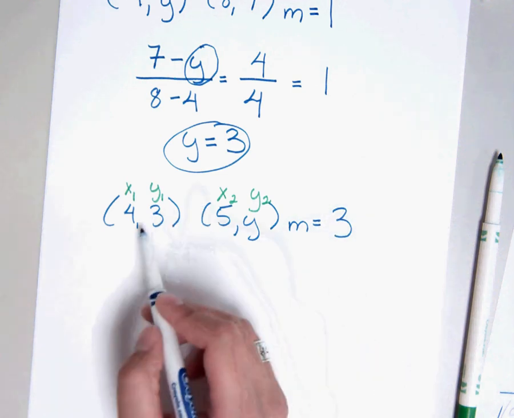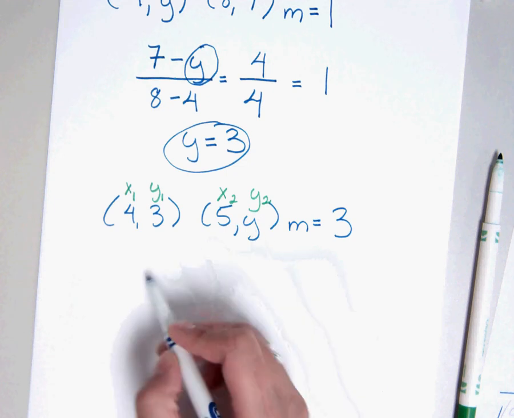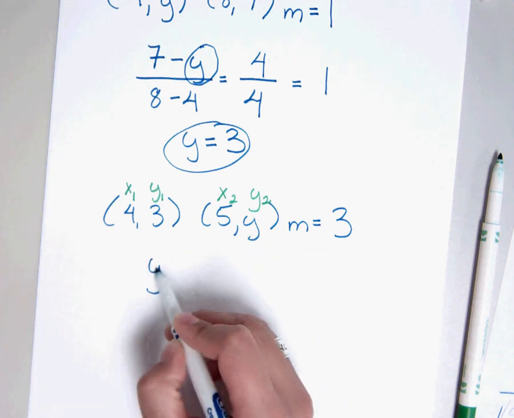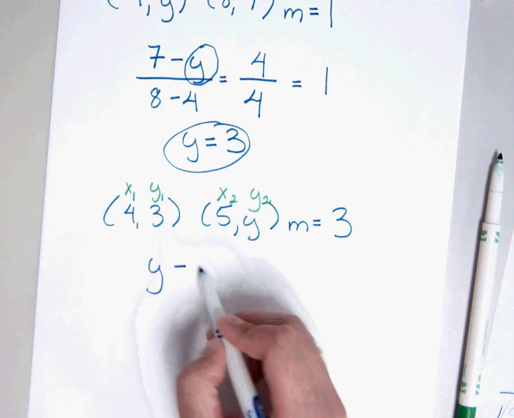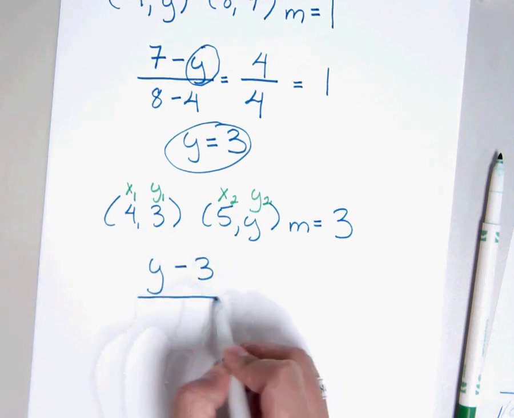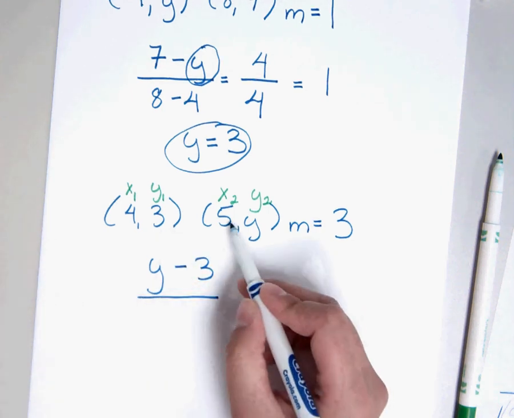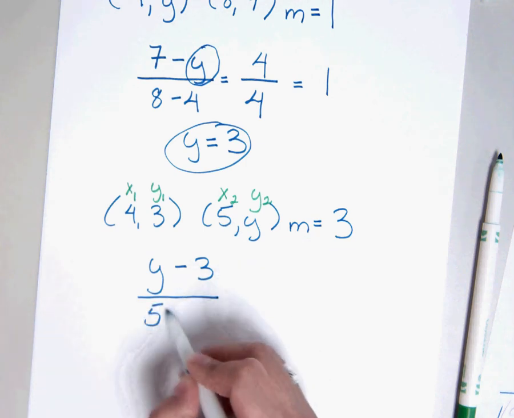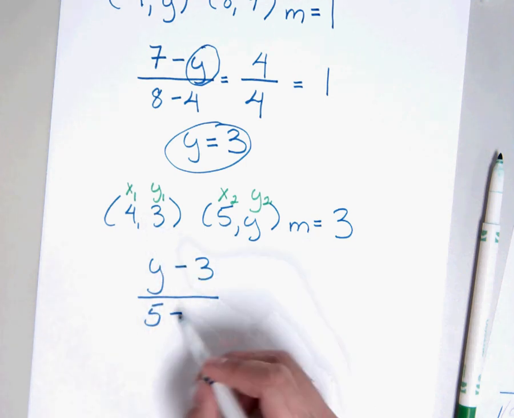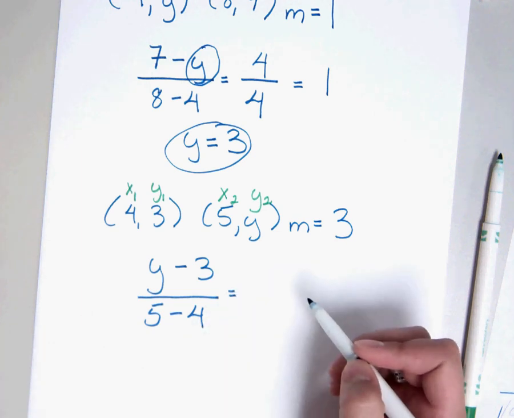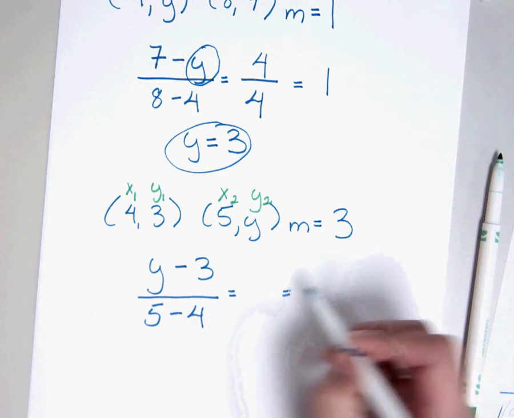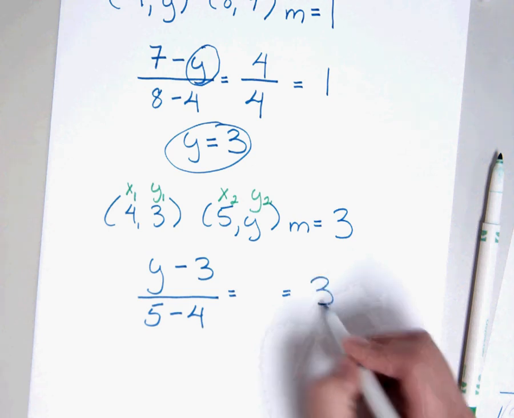Okay, so y2 is actually the one that's missing, so we're going to put the y instead of y2, minus 3. That's the y1, and it's going to be over x2, 5, minus x1, 4. Good? All right. We'll leave that space, and we know that's going to be equal to 3.